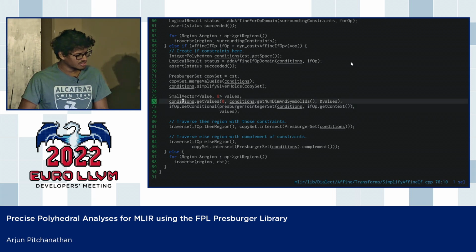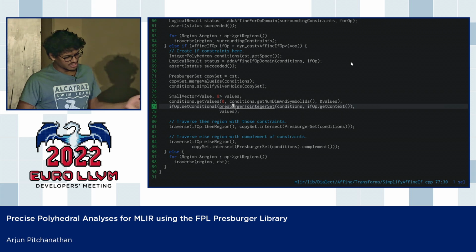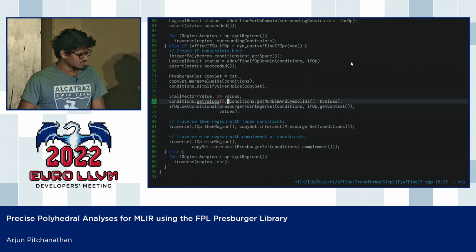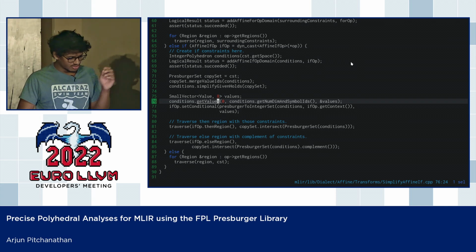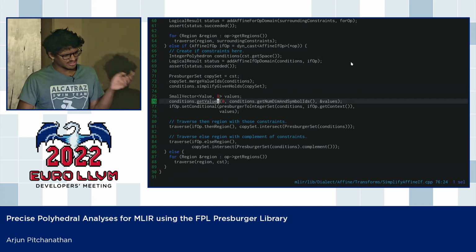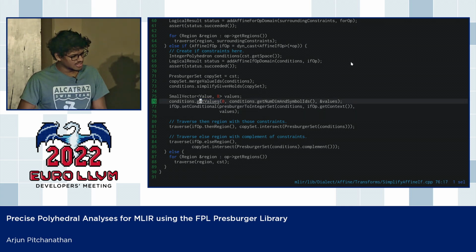To do that, we need to know what actual MLIR value each ID in the set corresponds to. Luckily we do know that, because in the space, all the IDs are attached to MLIR values, and you can get them using conditions.getValues. So we just pass that to if op.setConditional.